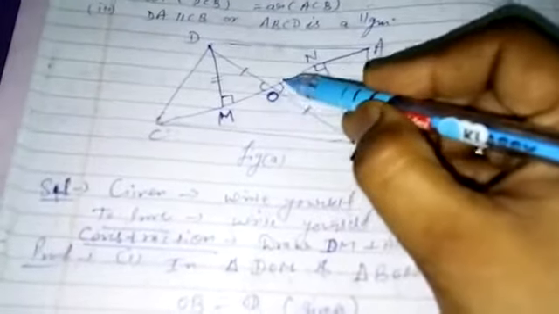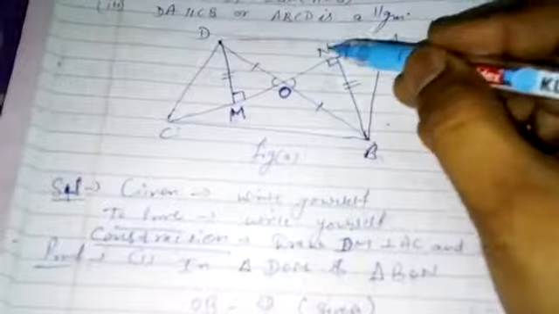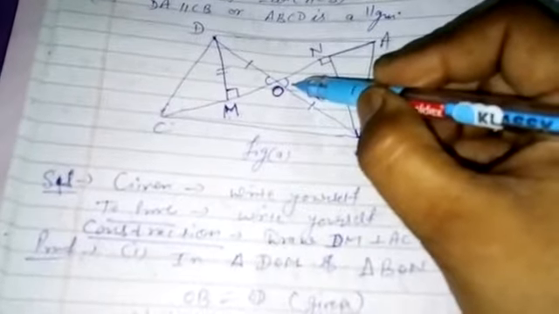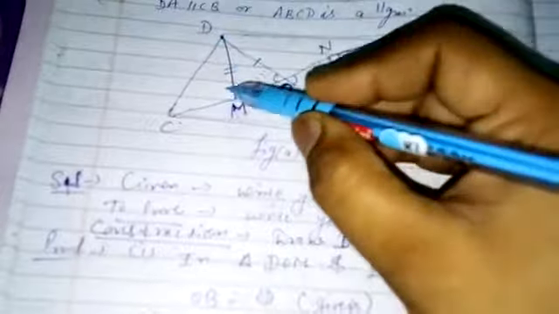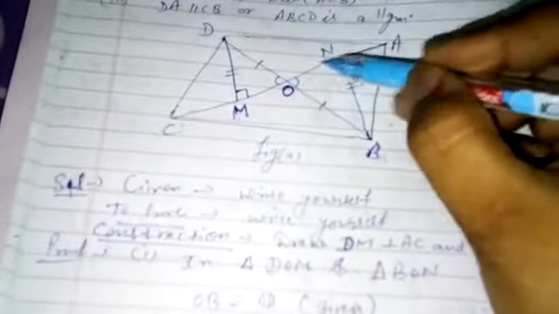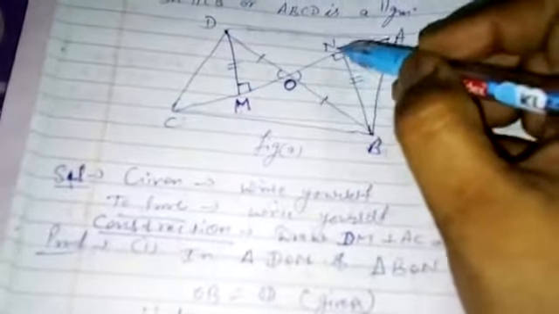Both angles are vertically opposite angles, DOM and BON, with O in between, so they are equal. Angle DMO and angle BNO are each 90 degrees, because we drew perpendiculars.